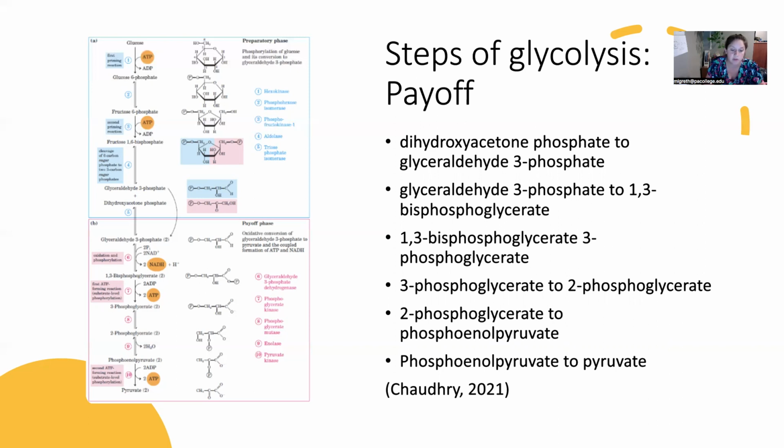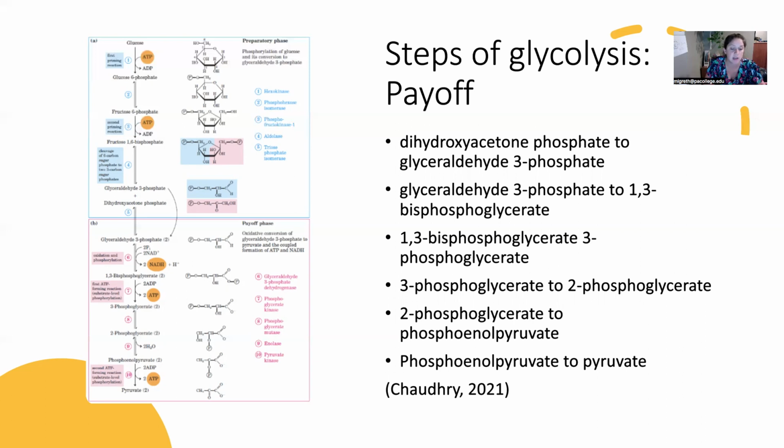Next, the 3-phosphoglycerate is converted to 2-phosphoglycerate by phosphoglycerate mutase. 2-phosphoglycerate is converted to phosphoenolpyruvate. This is done by releasing an H2O molecule with the help of enolase.